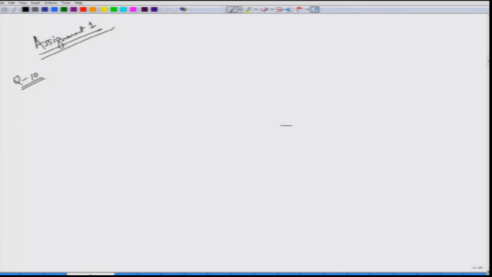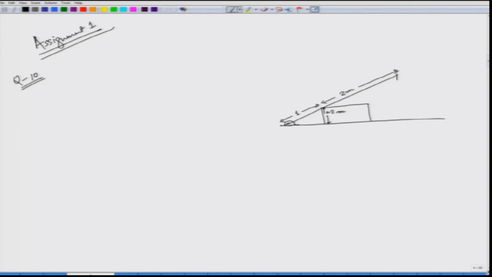The diagram is like this, there is a hinge, and this distance is given as 0.2 meter. The plank is of 3 meter, out of which this is 1 meter and this is 2 meter. At the other end of the plank, a force F1 is applied, which is 100 Newton.